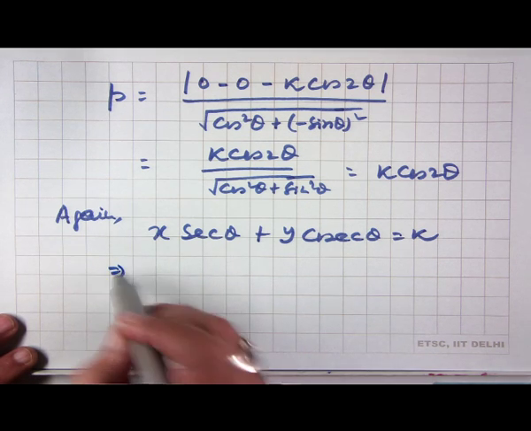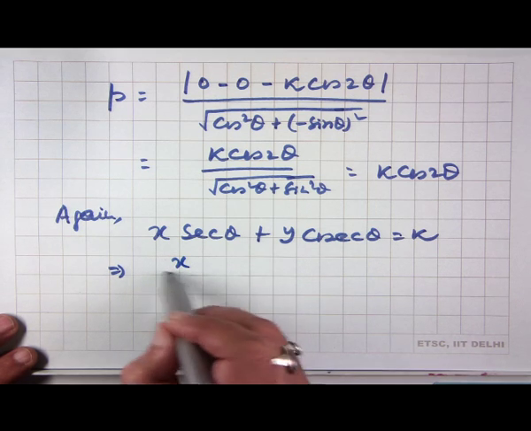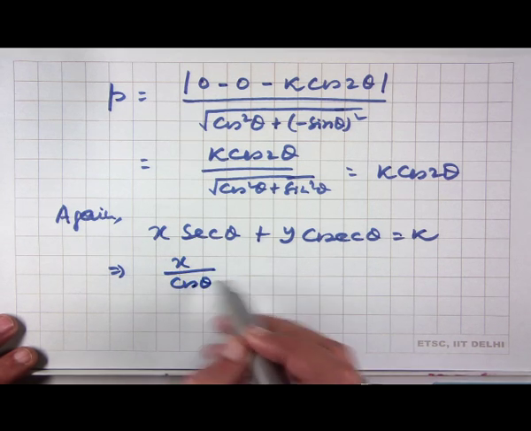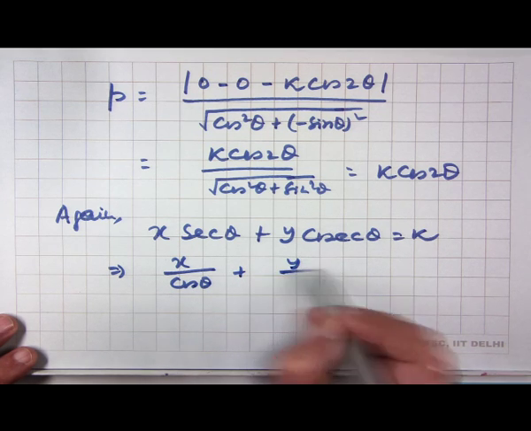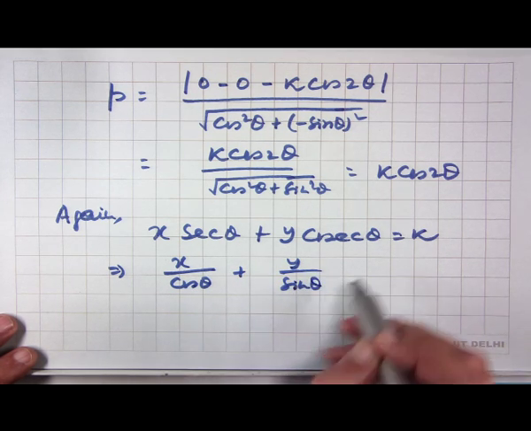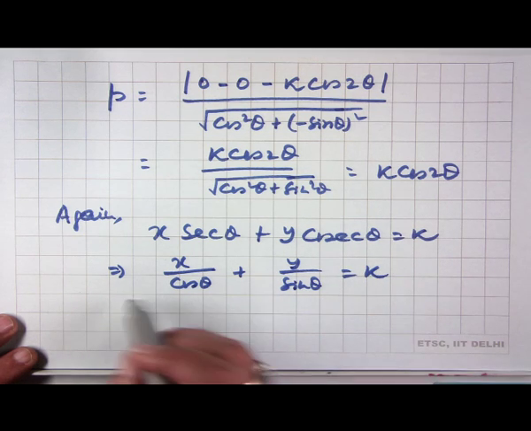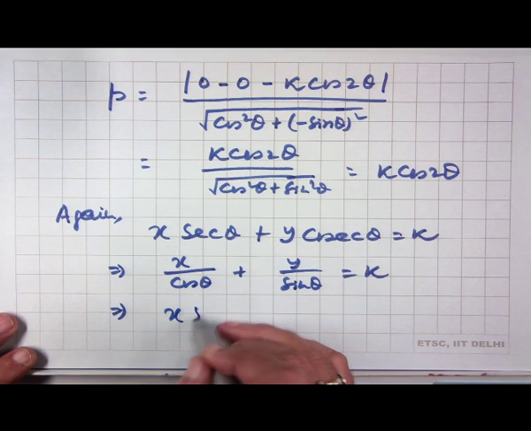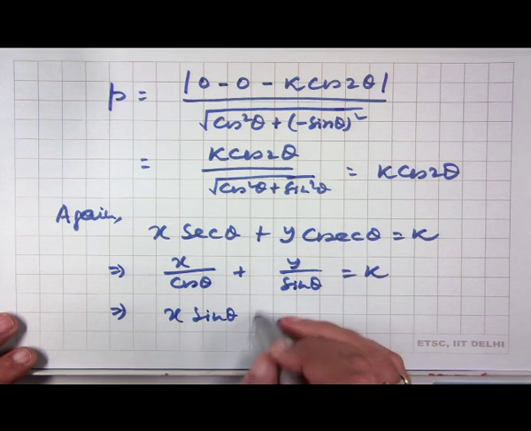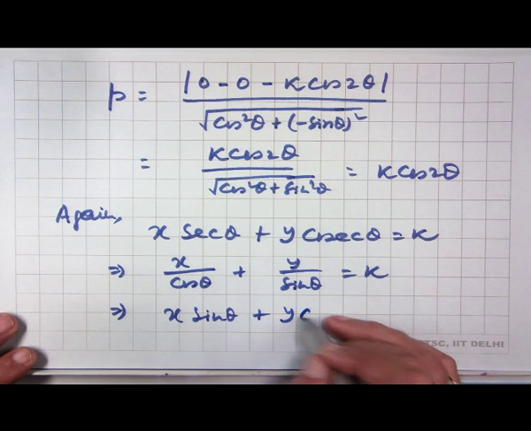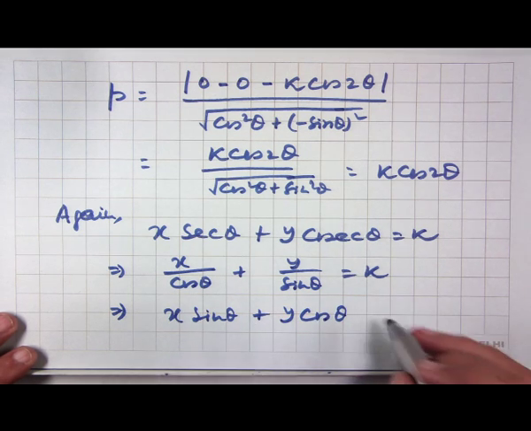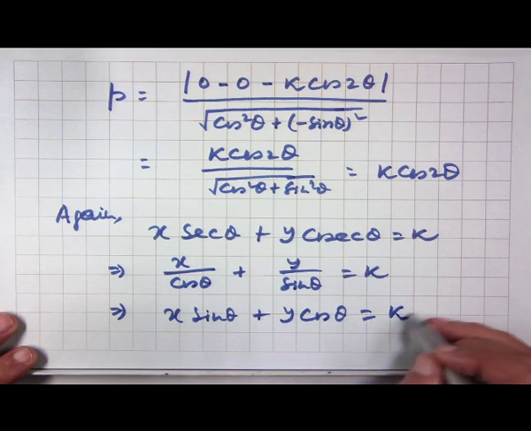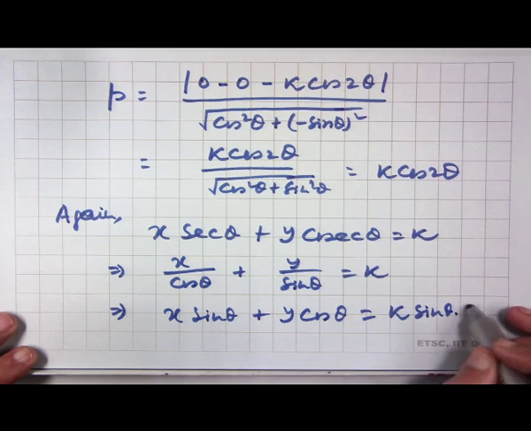We can write it as x by cos theta plus y by sin theta equal to k. So this can be written as x sin theta plus y cos theta is equal to k sin theta into cos theta.